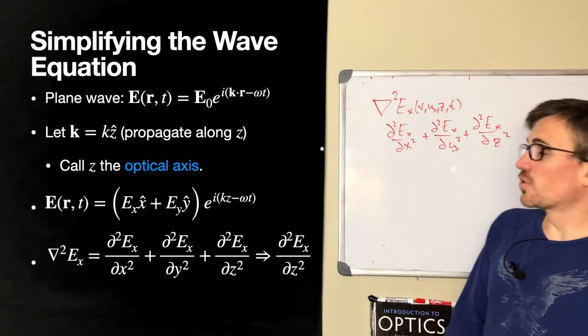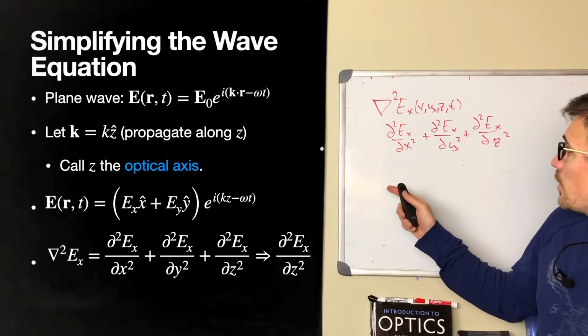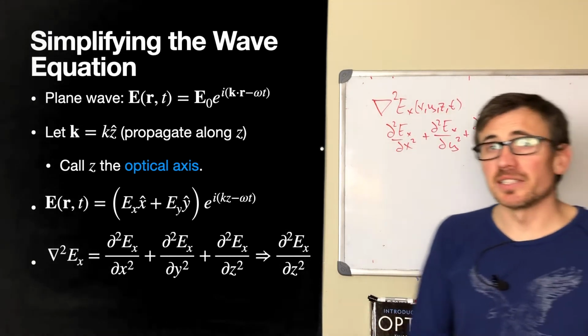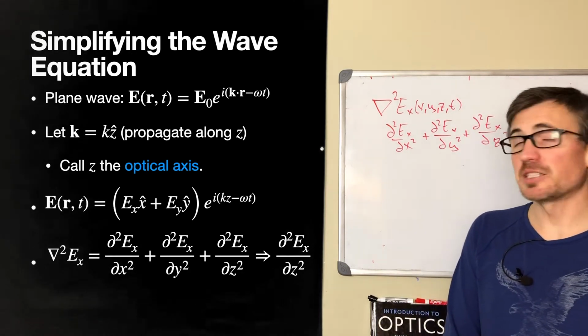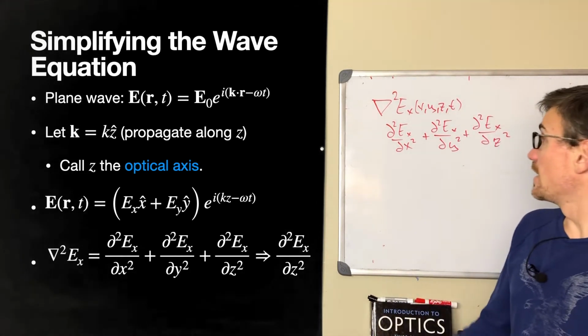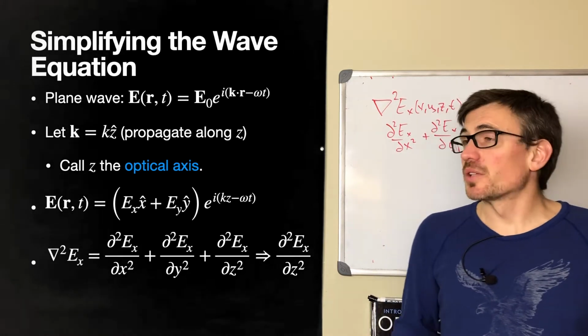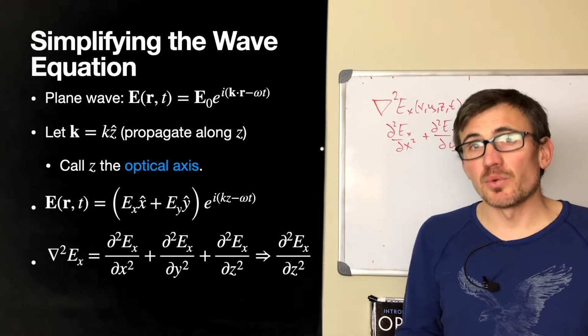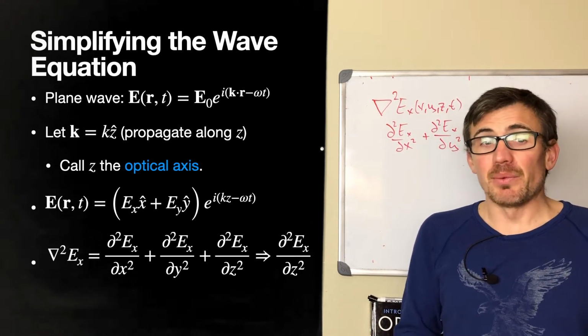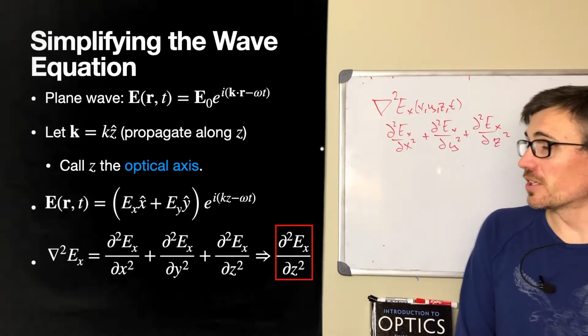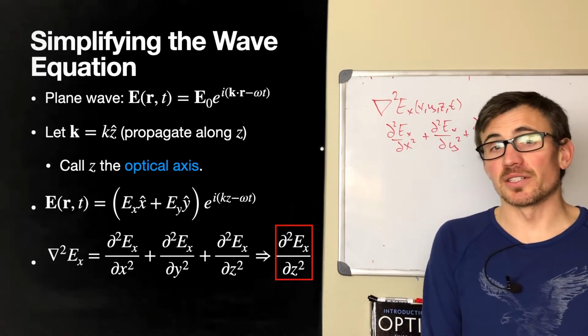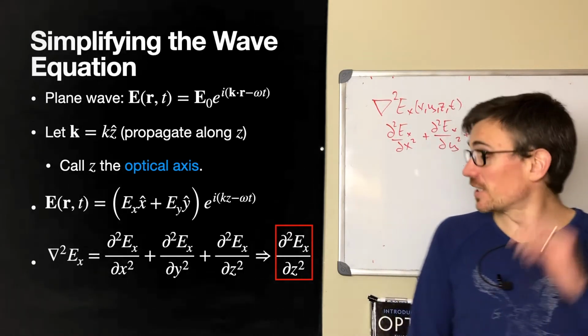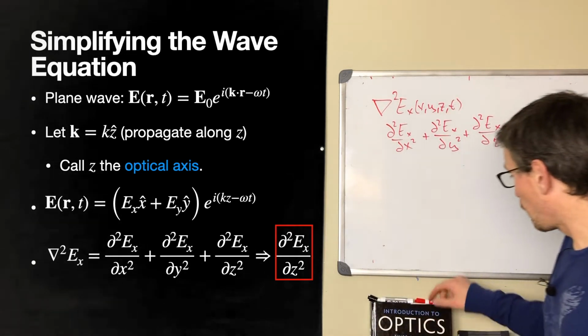There's no Ez component, and Ex and Ey are constants. The only thing that has spatial dependence is z in the exponential up here, right? So the derivative with respect to x and the derivative with respect to y are 0 here, and we can replace this Laplacian with a second derivative along z. So that greatly simplifies things.